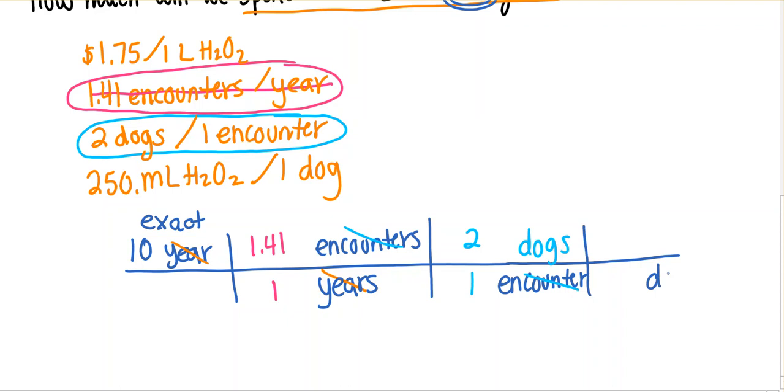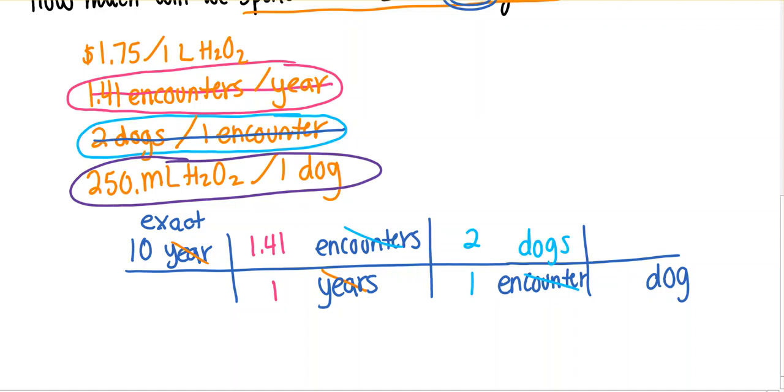So I know I'm going to put dogs down here because I want that to cancel on the next one. I use this. Do I see dog anywhere else? And I do. Here's dog right here.